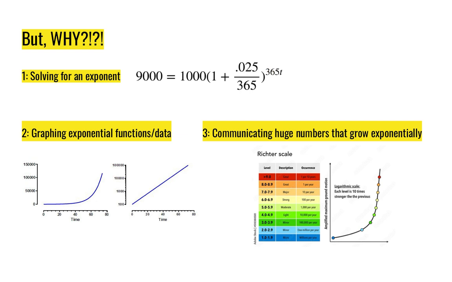Really commonly, though, logarithms are used for the bottom two reasons. They are used to graph exponential functions and data so that they can be visible, which the graph itself is also a form of communicating huge numbers that grow exponentially. So when I look at a graph that's growing exponentially, I'm going from 0 to 80 right here, and it's going whoop.